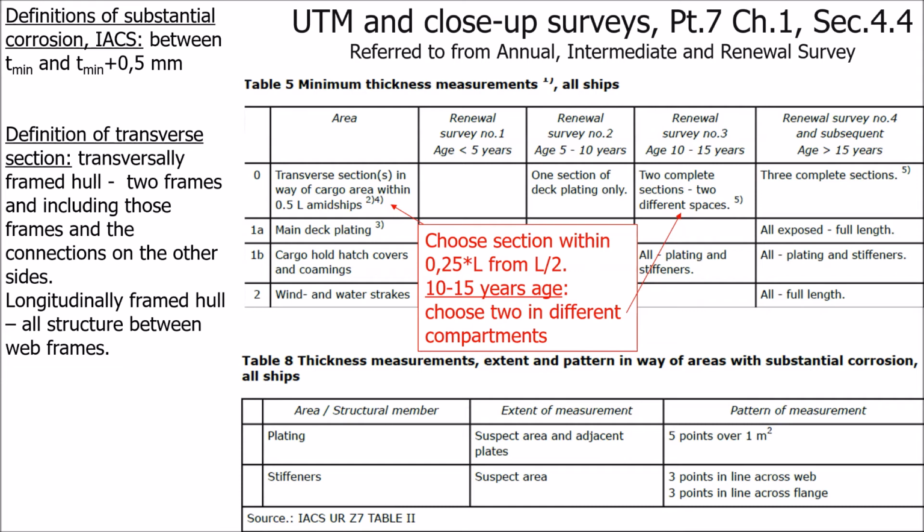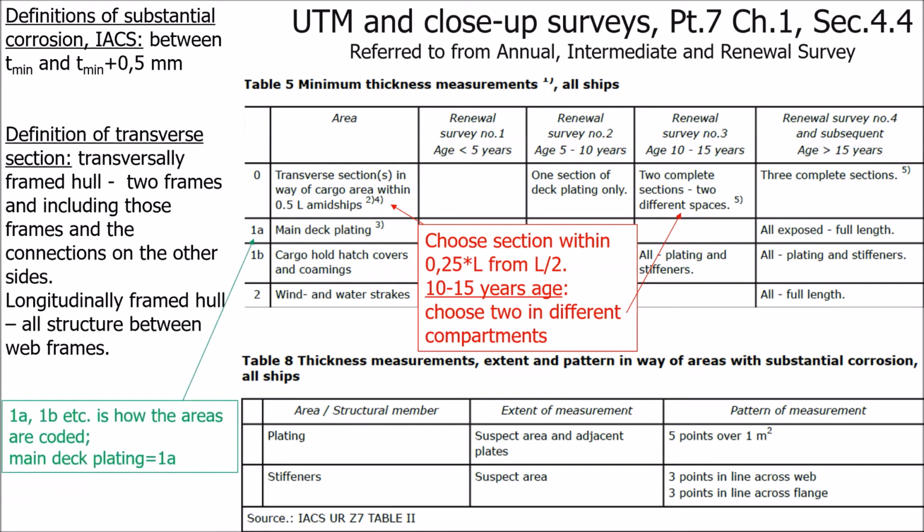You see that the main deck plating in 1A for our tanker, for instance, is not necessary. These codes, 1A, 1B, are just another way to say main deck plating and the cargo hold, hatch covers and coamings and stuff. So it's not so mysterious, those codes.